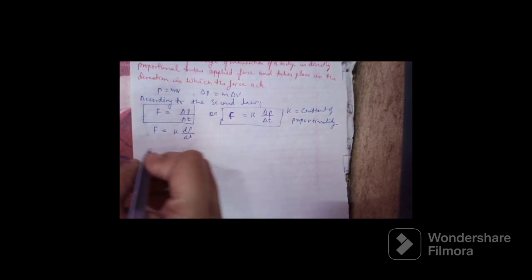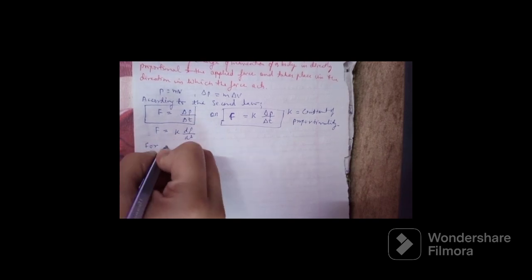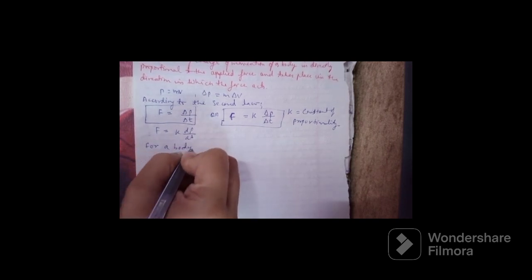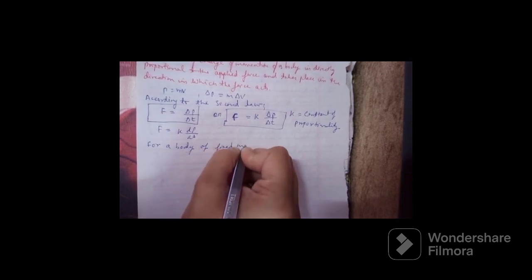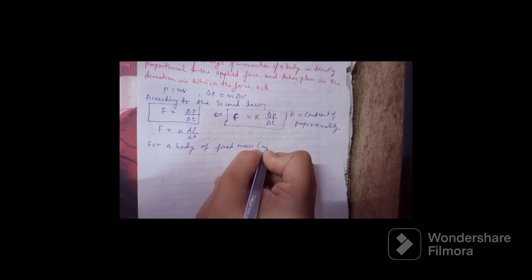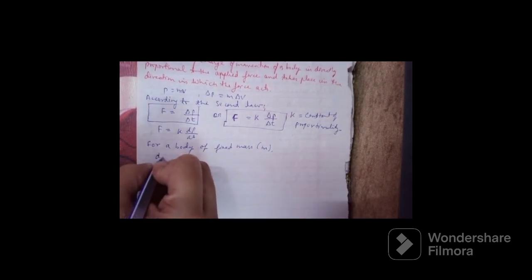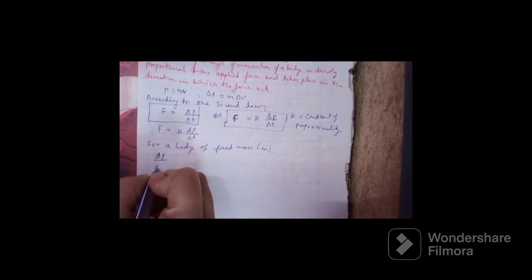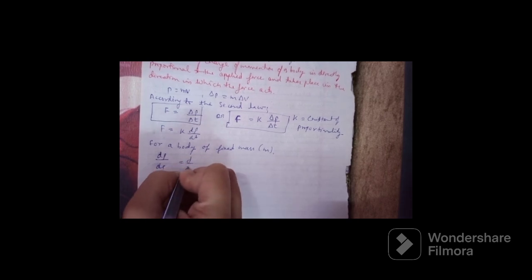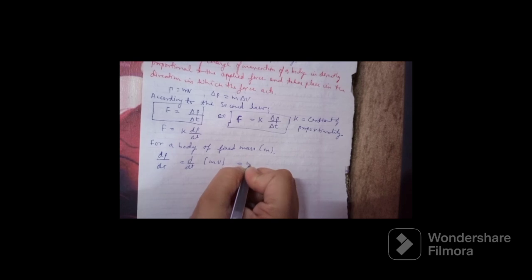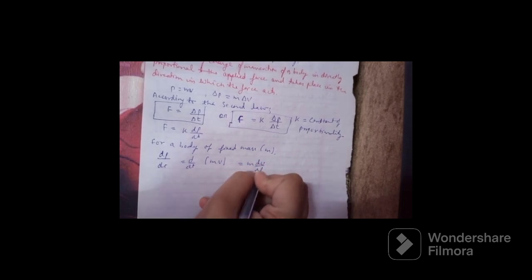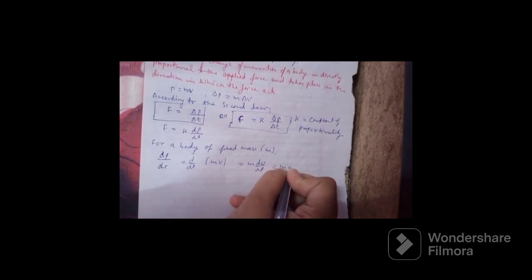For a body of fixed mass, dp by dt equals m dv by dt, which equals ma.